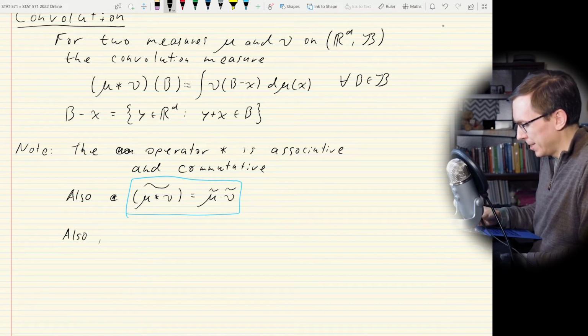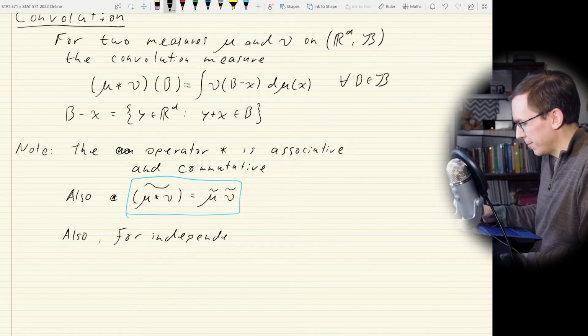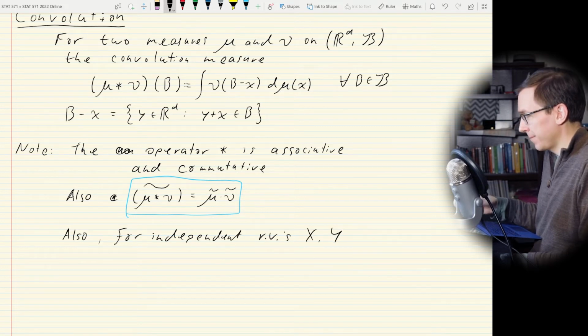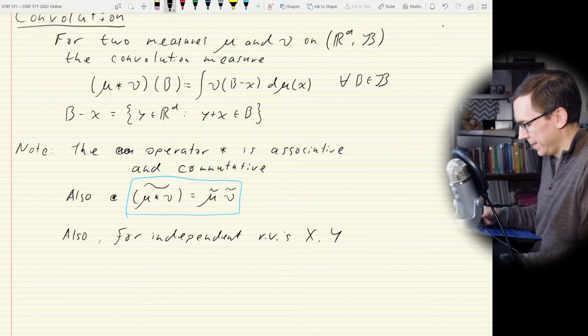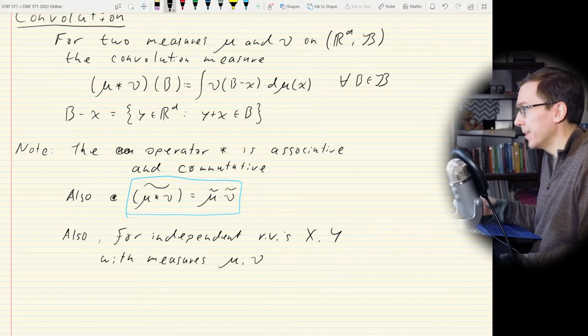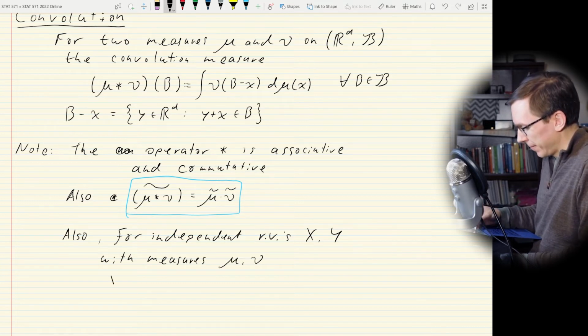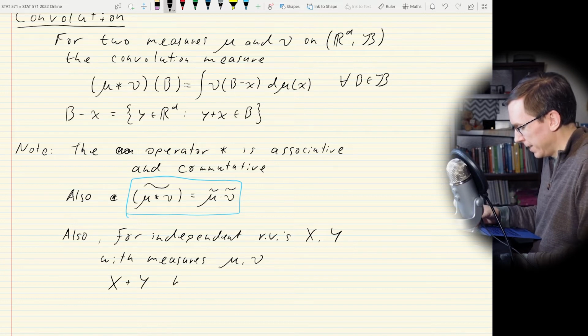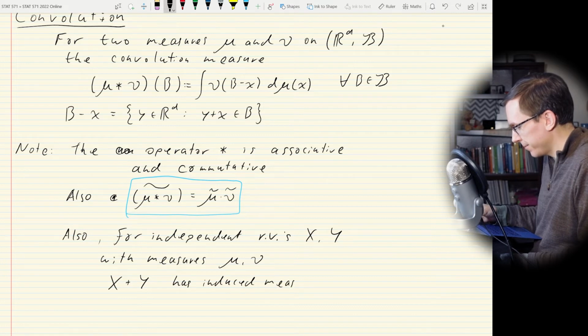Also, for independent random variables x and y with corresponding measures mu and nu, x plus y has induced measure mu star nu.